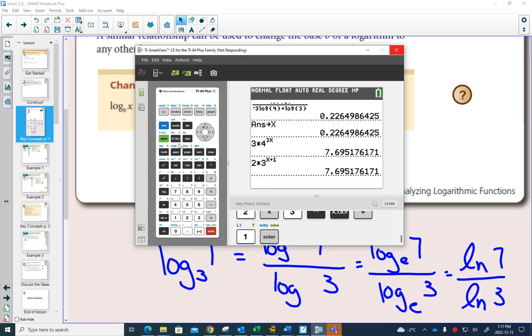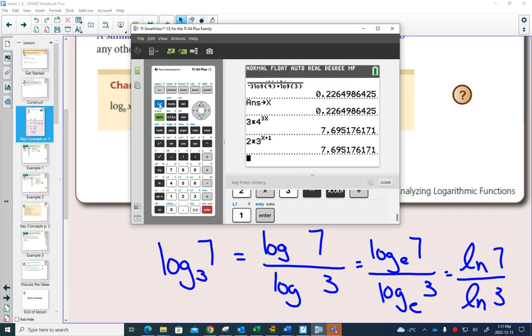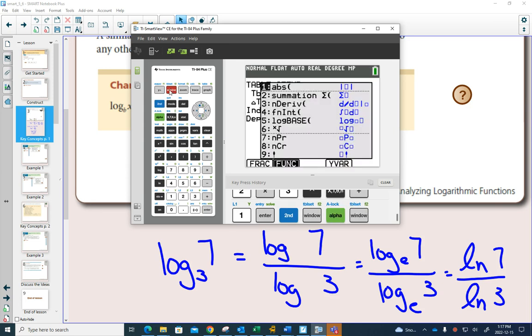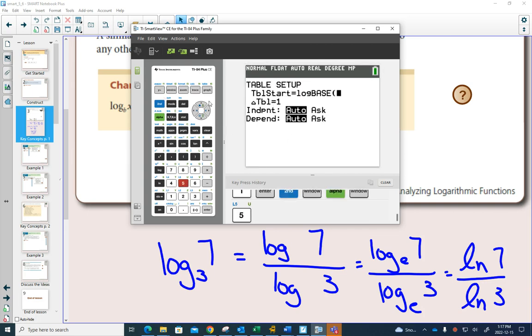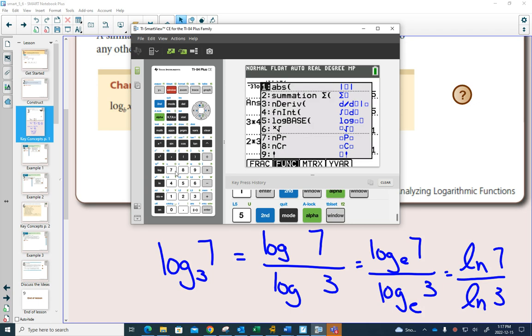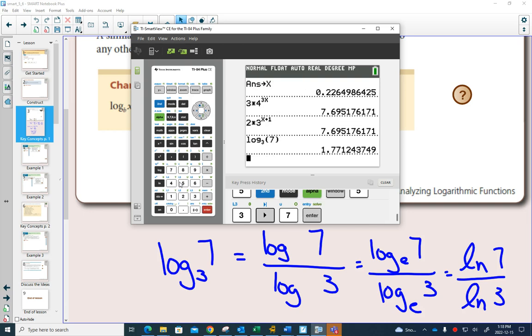Some calculators have the log base. So I can do, on my calculator, log base 3 of 7.